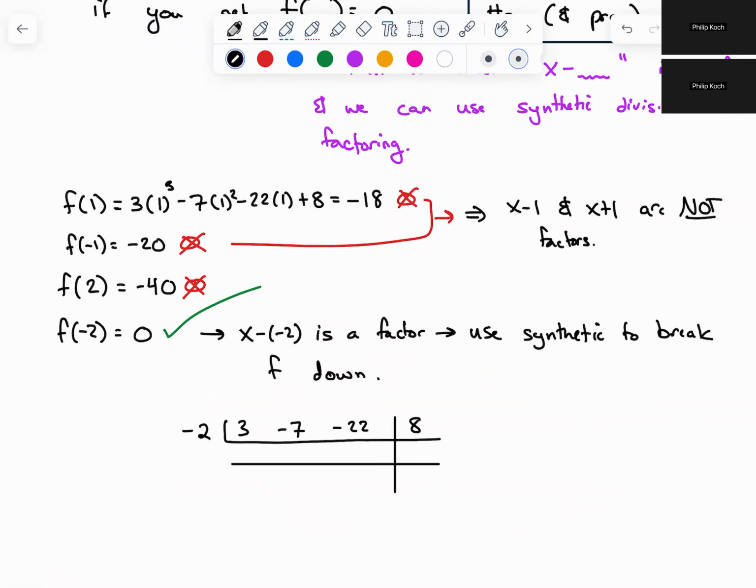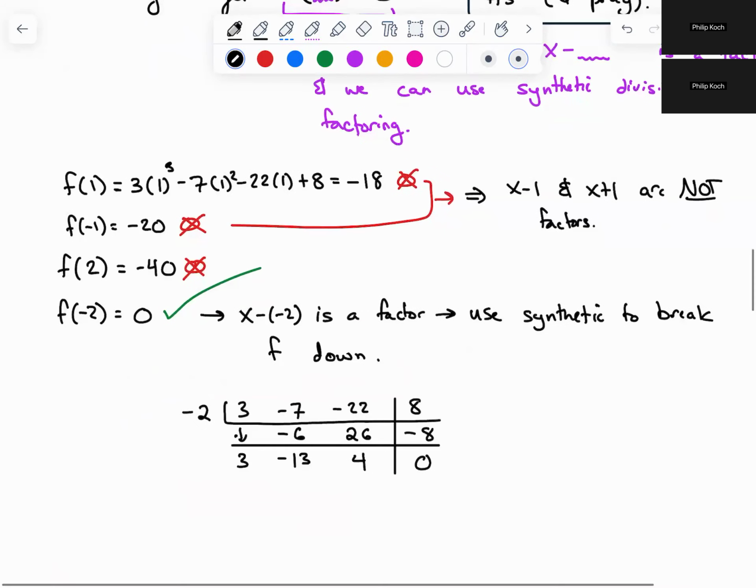I'll slowly fill in the details for you, but I'd like you to do it yourself. The bottom row, oh wait.